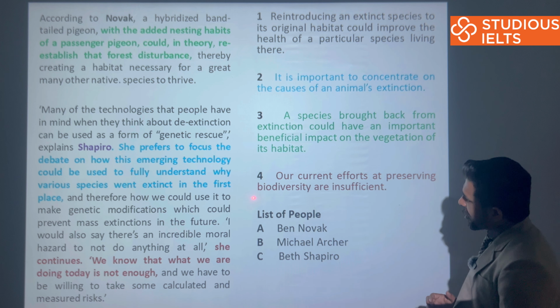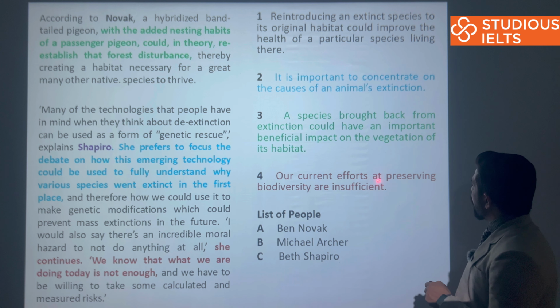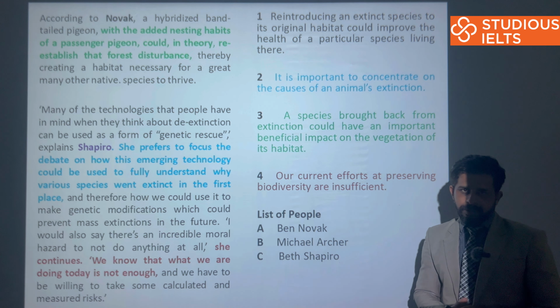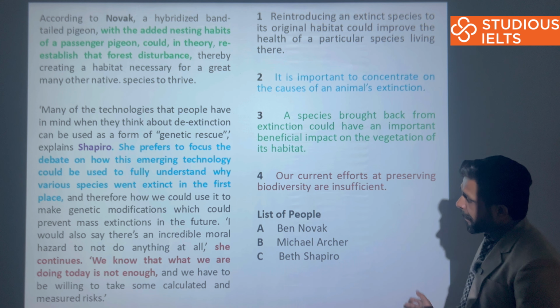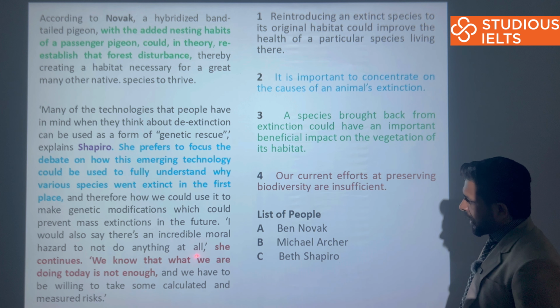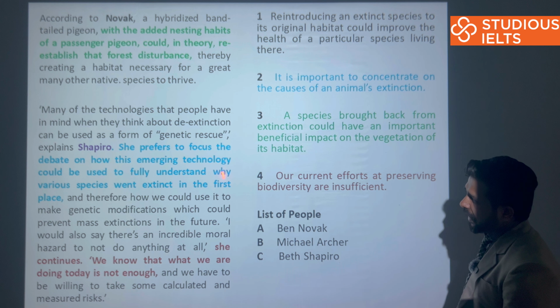Finally, in question number 4, what did they say? Our current efforts at preserving biodiversity are insufficient. Our current efforts are not enough to preserve biodiversity. But what the text says is, she continues. Who continues? You can clearly establish the connection with the statements of Shapiro, who said something earlier as well.